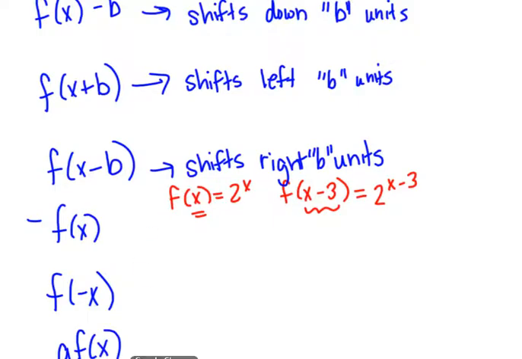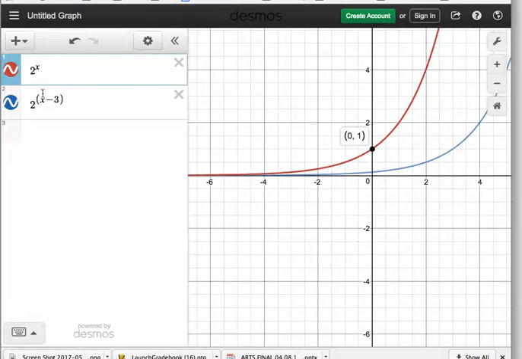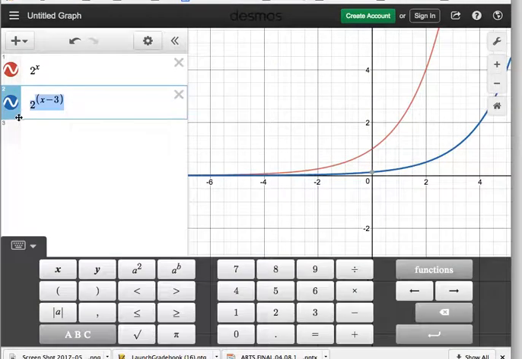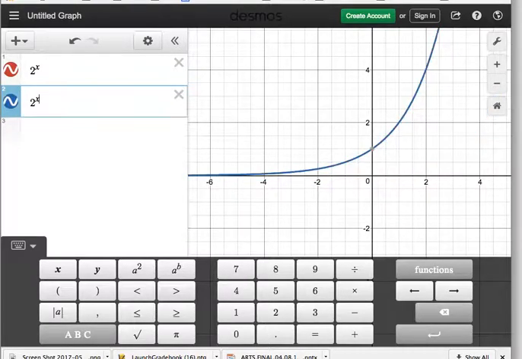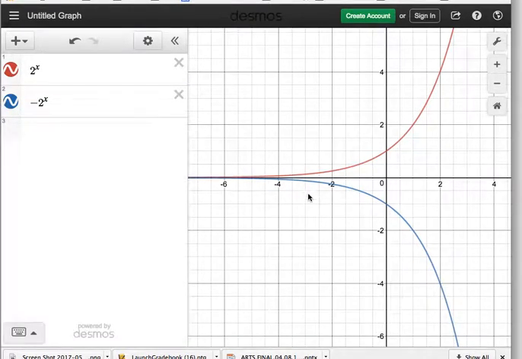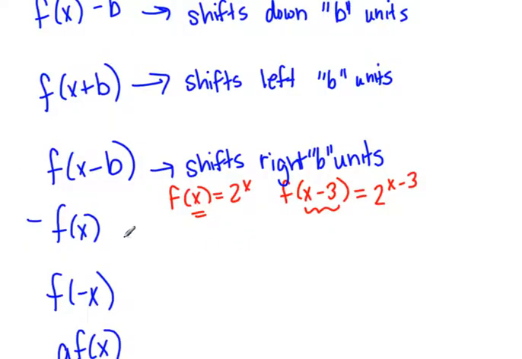Now a negative f of x would be like taking the same function and just putting a negative on the front of it. Notice what happens to the blue when you put a negative on front of it. The asymptote stayed the same, but everything flipped down. So this means it flips vertically.